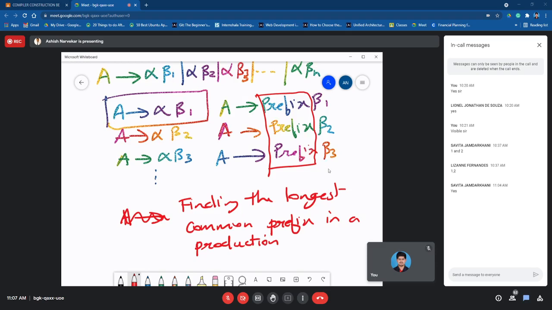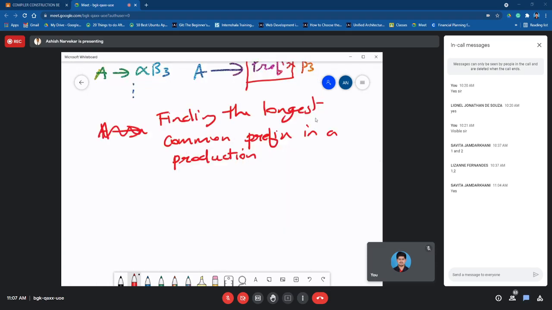Now why we say longest prefix is because, for example, we can have something like A derives a capital B A, or a capital B B B, or something like this.